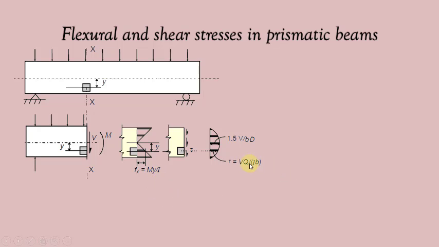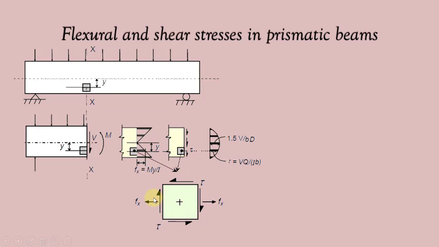Q is the first moment of area about the neutral axis of the portion of the section below the layer at a distance y from the neutral axis in this particular case. B is the width of the beam at the layer at which shear stress tau is calculated. The stresses acting on this element are shown here.